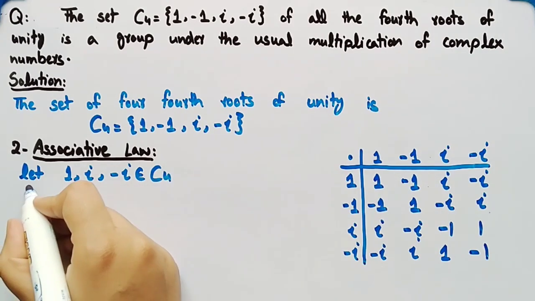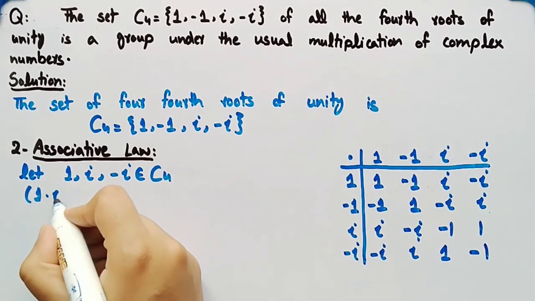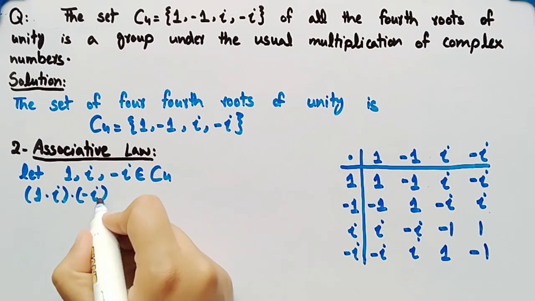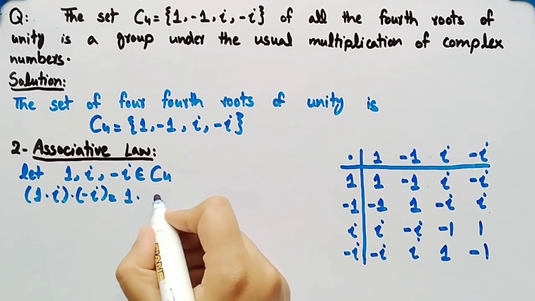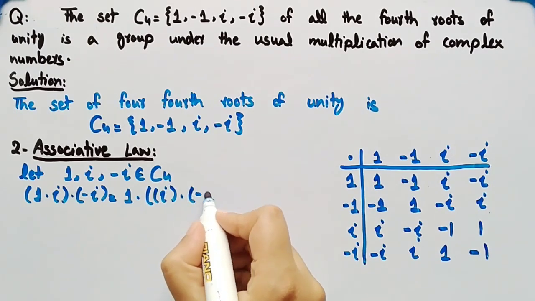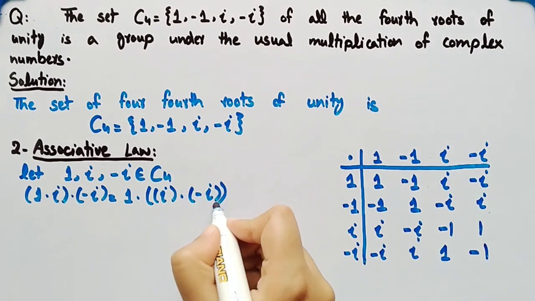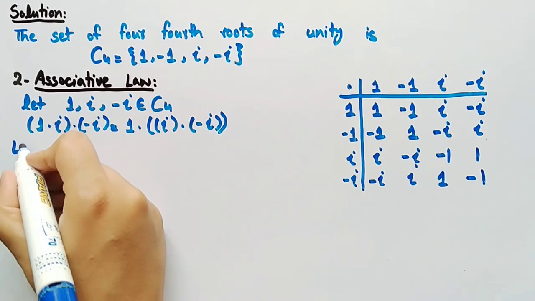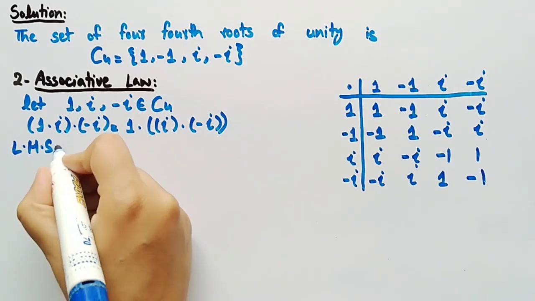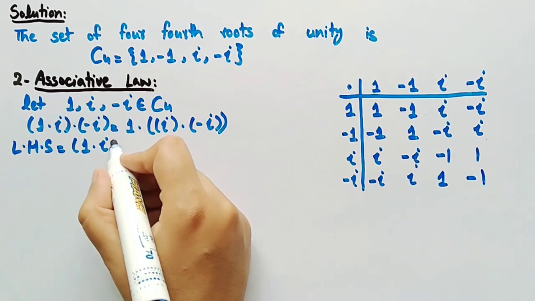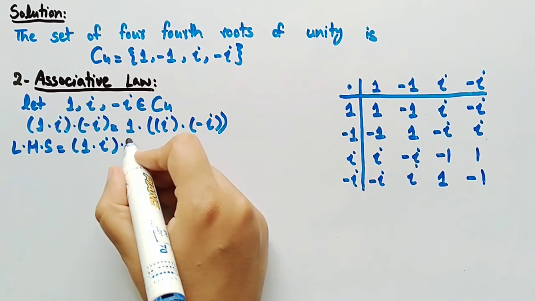We have to show that (1 dot iota) dot -iota is equal to 1 dot (iota dot -iota). Firstly, let's take the left hand side, that is (1 dot iota) dot -iota.